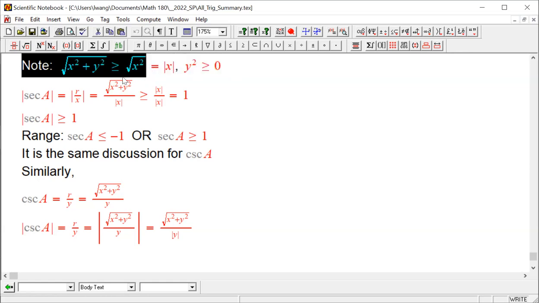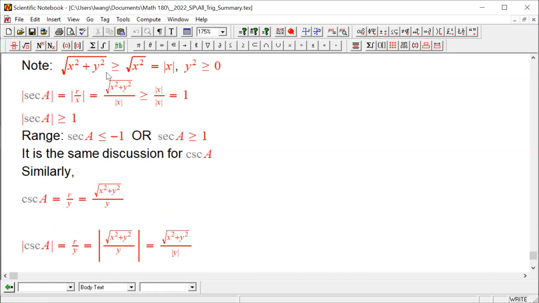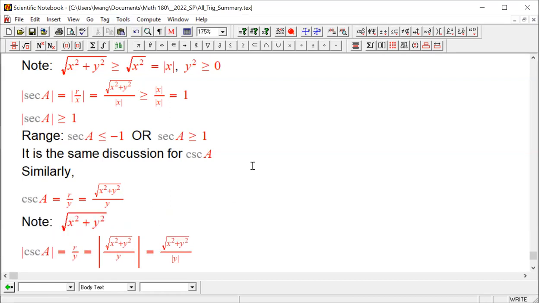So note, this piece is going to be greater than or equal to the square root of y squared. I'm just replacing x squared by its smallest possible value. So this piece is always at least this much, and that equals the absolute value of y.